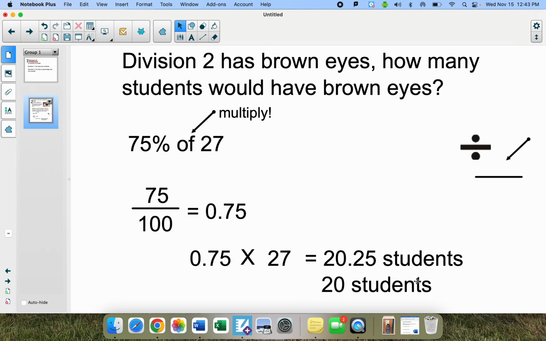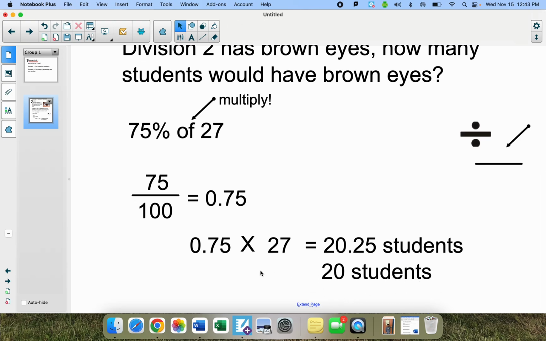Now, I don't know if this is true or not. In fact, if you're part of Division 2, you could do a survey, see how many of you have brown eyes, see how many of you are actually there today. There may not be 27 students. That would be more of a question like the previous examples where you have two numbers.